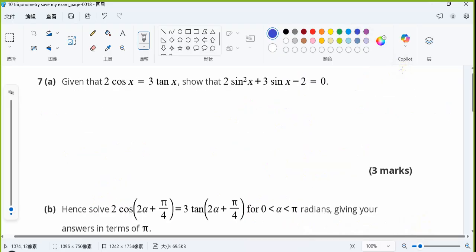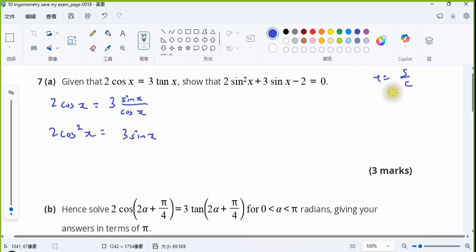Question number 7. Given that 2 cos x equal to 3 tangent x, show this. Okay, so we have 2 cos x equal to 3 sine x over cos x. You know that tangent is sine over cos. So we have 2 cos square x equal to 3 sine x.